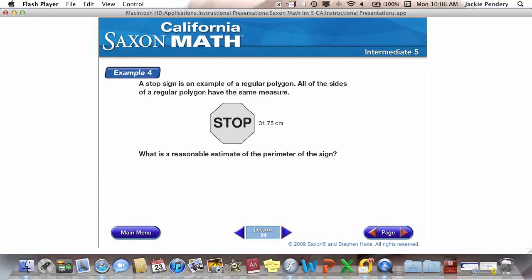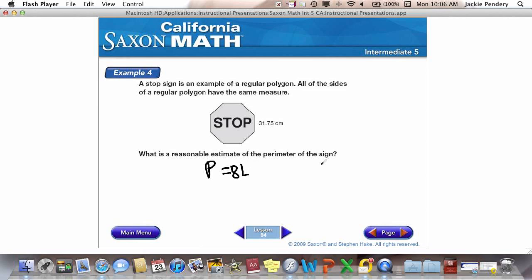All right, a stop sign is an example of a regular polygon. All of the sides of the regular polygon have the same measure. Okay, this stop sign measures 3.175 centimeters per side. So what is a reasonable estimate of the perimeter? So for this, perimeter equals length times 8, or 8L.